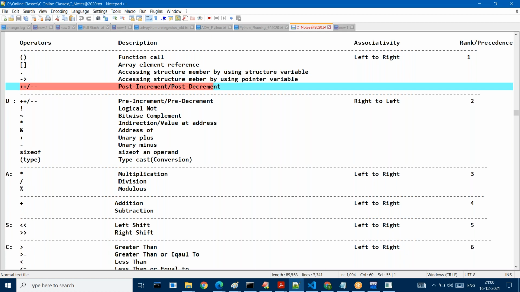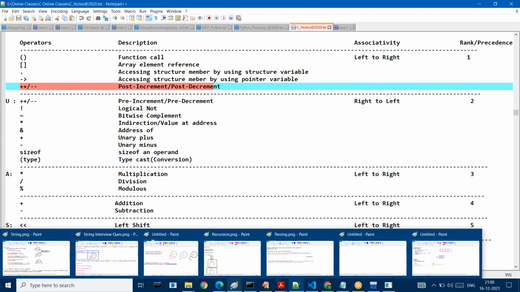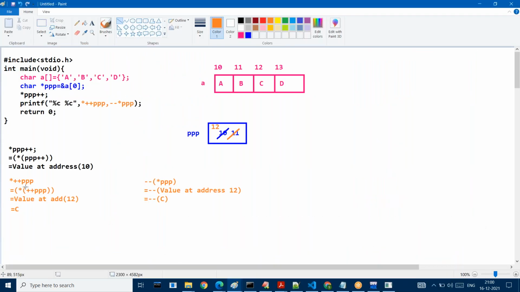Once the associativity and precedence are correct, star plus plus PPP means, as per right to left, plus plus PPP I bracketize first, and after that the star part.